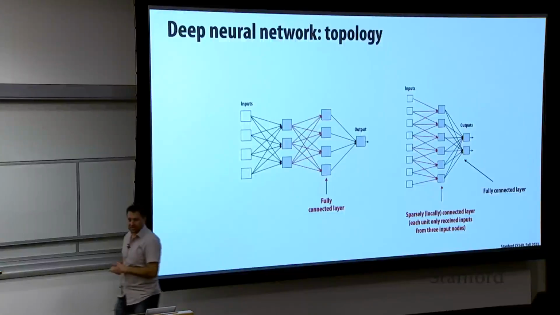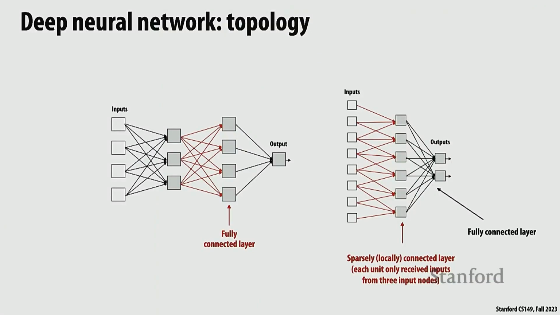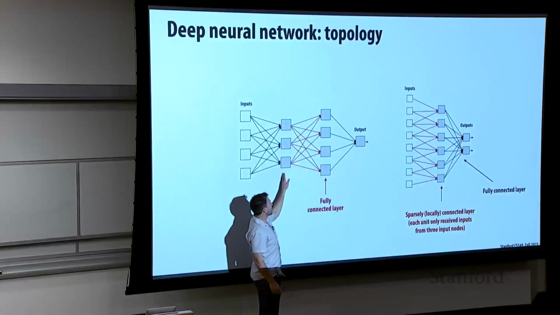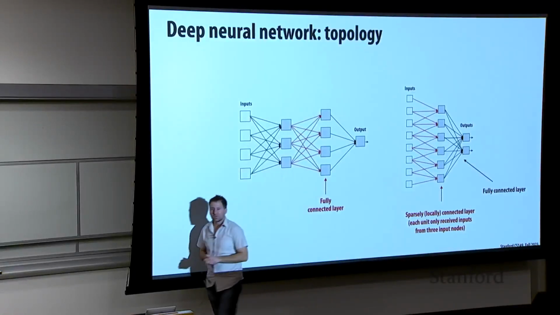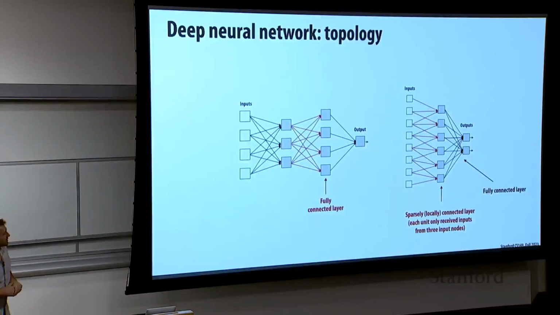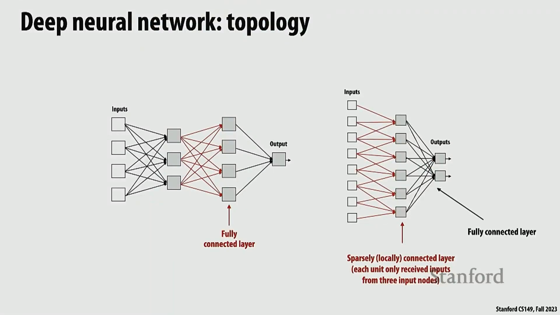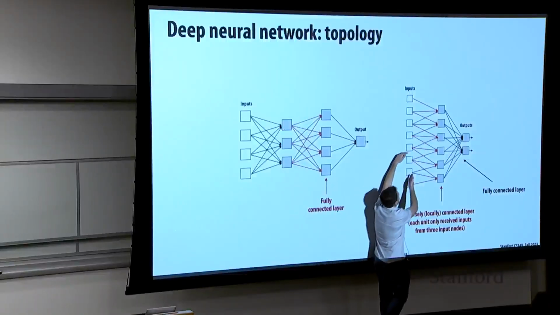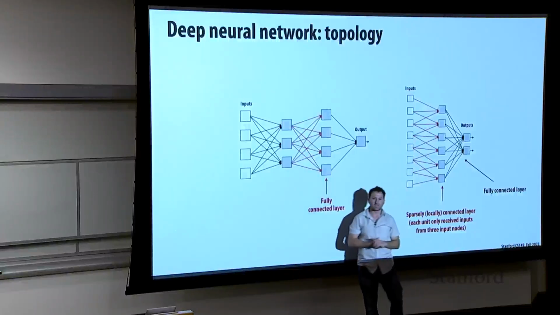In my diagram on the left, you see an example of a fully connected layer, meaning that every single output from layer i is an input to layer i plus 1. On the diagram on the right, you'll see something that's not a fully connected layer. It's actually a convolutional layer in 1D, where there's a sliding window of every 3 inputs that go to the next neuron.